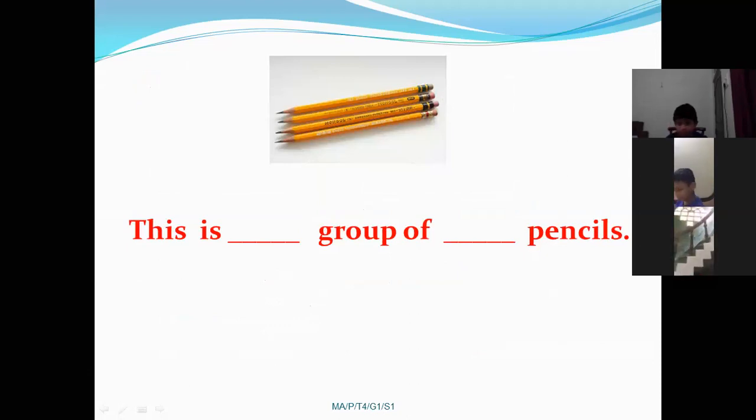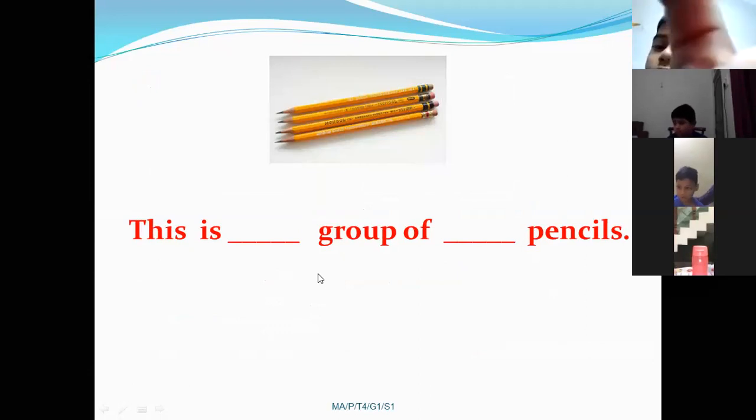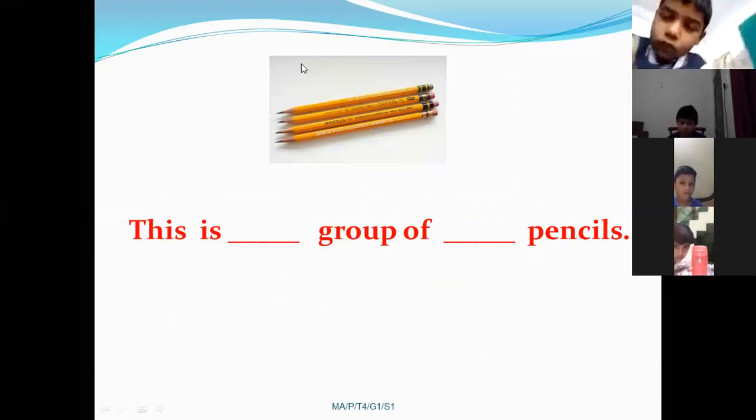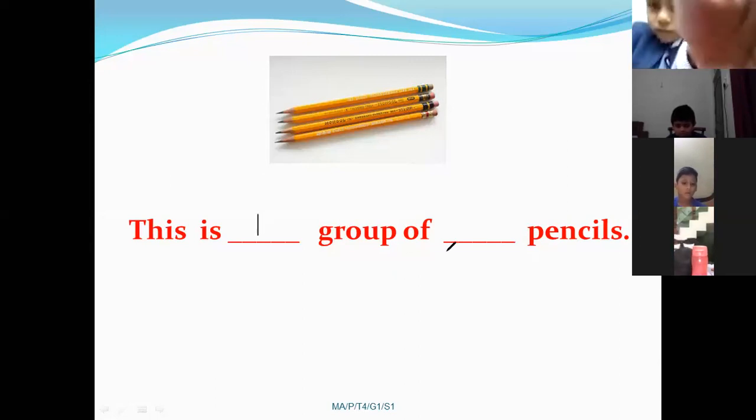Tarini? Yes, Tarini, tell me how many groups are there? One group. Very good. There is only one group here. So this is one group of how many pencils?